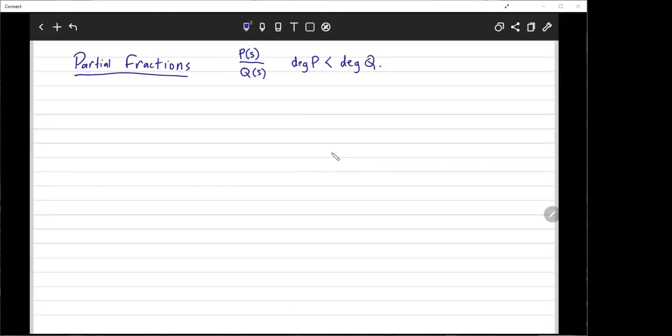Kung equal or kung mas malaki yung degree ng numerator sa degree ng denominator, kailangan nyong i-perform itong division na to. So otherwise, perform the division. If you perform the division, you will get a remainder. So dun sa remainder nyo, the degree of the numerator will then be less than the degree of the denominator.